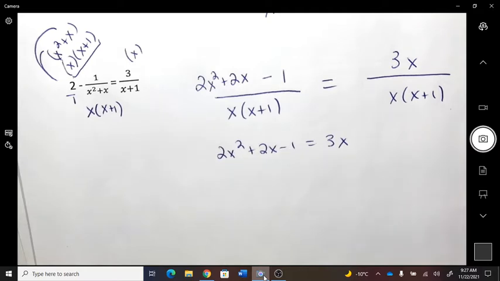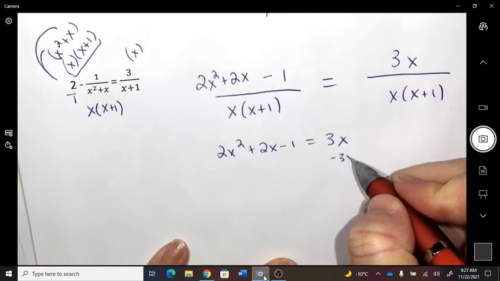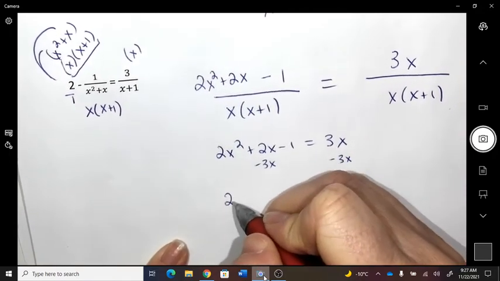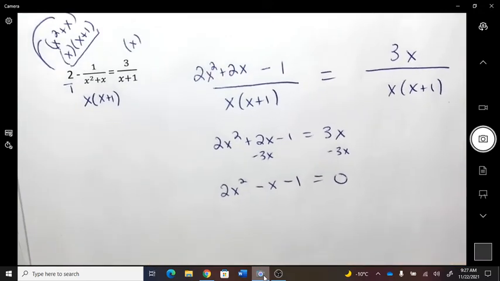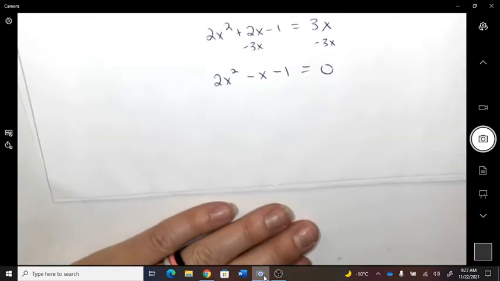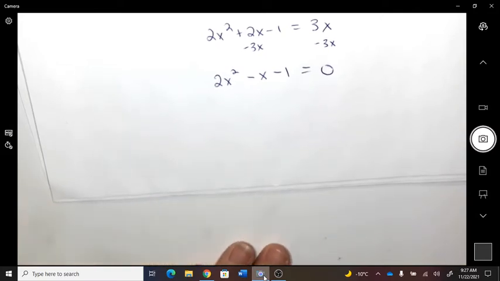Algebra branch. 1 variable, 2 variables. Okay, so it's 2 variables. So I need a 0 on one side. Okay, so this would be a complex trinomial factoring.